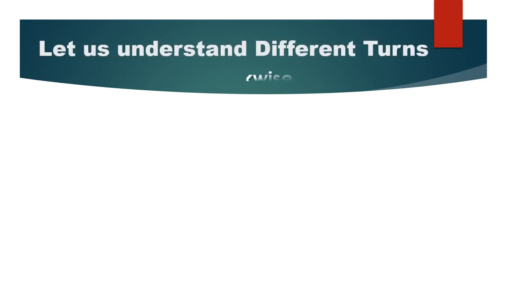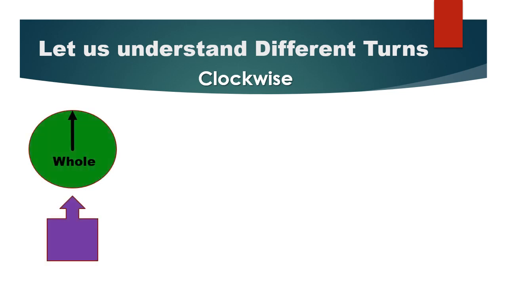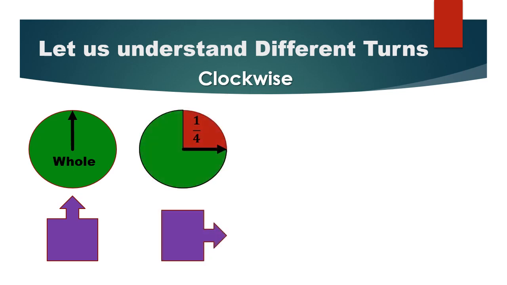Now students, let us understand different turns, first clockwise. Here on the screen, you can see the original position of the shape. Now, if I want to turn the given shape 1/4, see how it will turn clockwise.